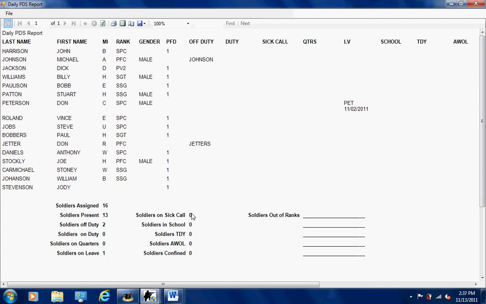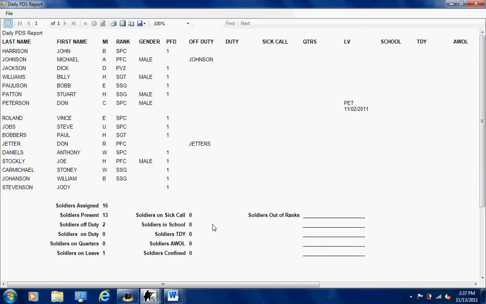And of course, if you had some of these other categories, these categories would fill and this one would be less. Either way, this number must total this number plus all of these numbers. So we got 3 people that's not in our ranks. 3 plus 13 is 16. And of course, you know the PDS is a numbers game.